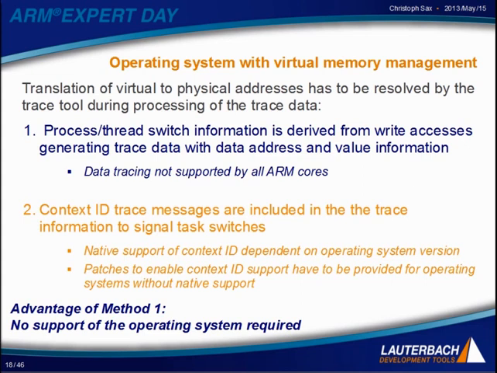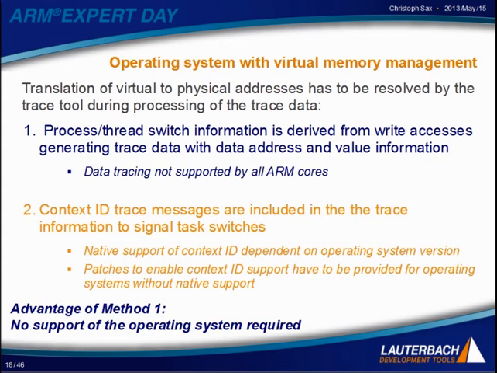But the disadvantage of this approach is that the ARM core needs to support data tracing to have access to the data trace information, obviously. So we require an alternative approach for cores without data trace support, and this relies on the so-called context ID register.